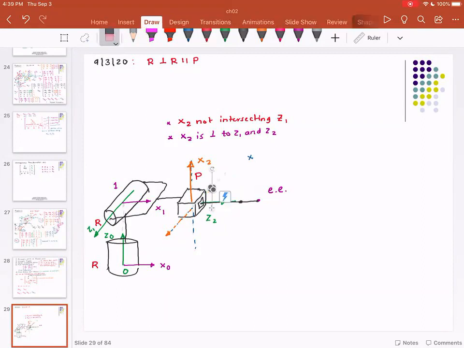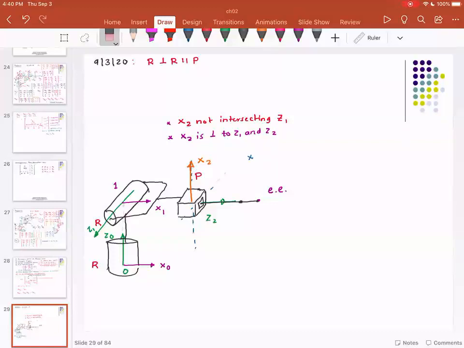But let's move on. For the time being, what we should try to do is satisfy the maximum conditions possible. So in this case, even though all the conditions are not getting satisfied, x2 has to be perpendicular to z1, x2 has to be perpendicular to z2, and x2 has to intersect z2 and z1. So out of these four, three conditions are satisfied.